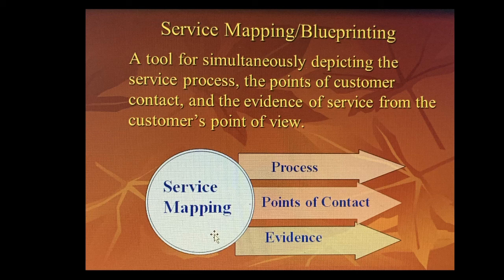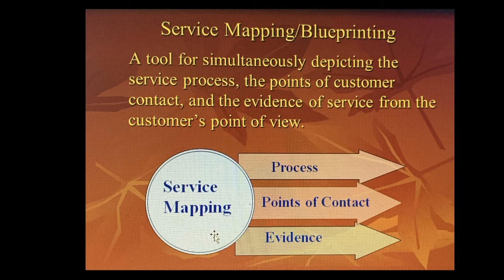This is a clear-cut way of giving service mapping for customers. It tells what process we are going to follow, whom we are going to contact, what types of customers there are, what evidence of service we have given to the customer, and from the customer's point of view, what feedback we will get.